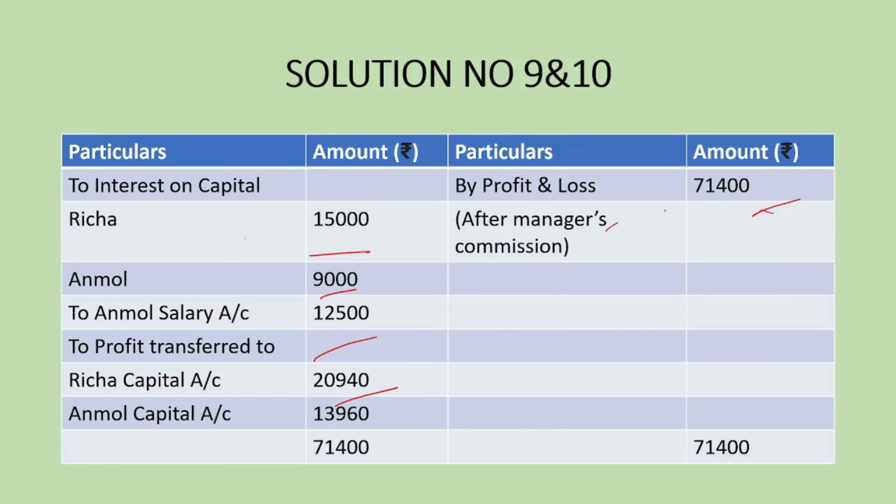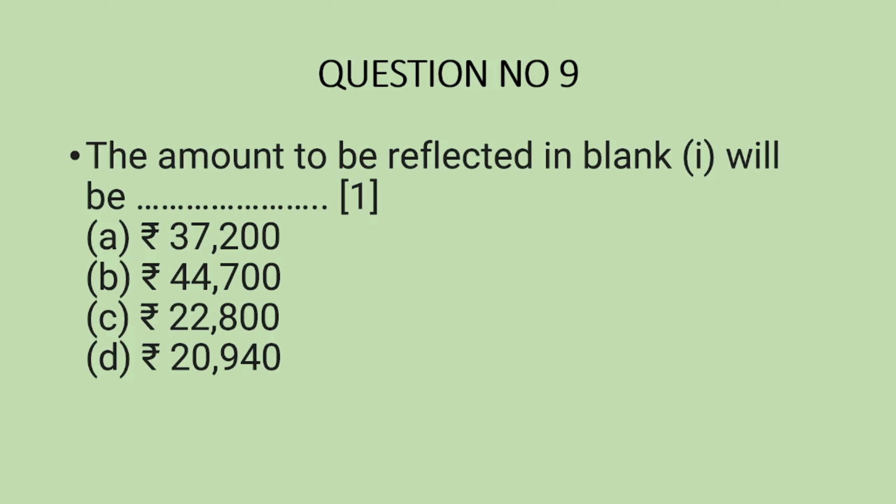So the final answer will be the profit and loss is 71,400 and Richa's capital is 20,940.